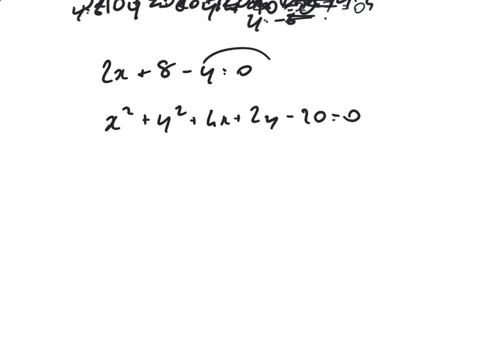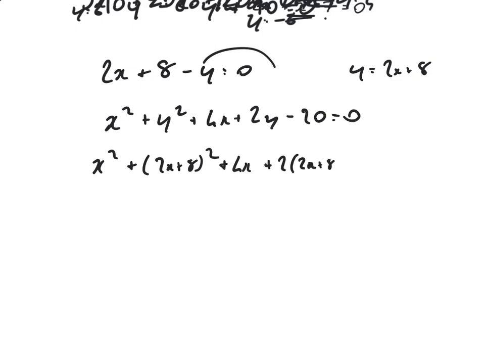Let's try another example, which is find where the line 2x plus 8 minus y equals 0 meets the circle x squared plus y squared plus 4x plus 2y minus 20 is equal to 0. So let's rearrange this, and that'll be y equals 2x plus 8. So x squared plus (2x plus 8) all squared plus 4x plus 2 lots of (2x plus 8) minus 20 is equal to 0.